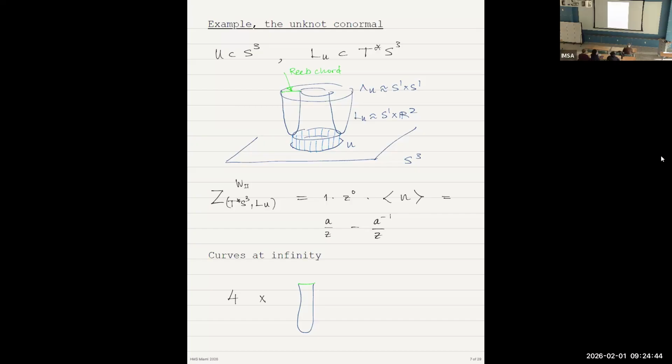If you allow them to have a puncture asymptotic to this Reeb chord, then there can be non-trivial curves out there, and we will use them. They can also be fairly easily computed by some connection to flow trees, and so by some kind of Morse theory, you can really get your hands on these curves. It's not difficult. For the unknot, you can do it in many other ways.